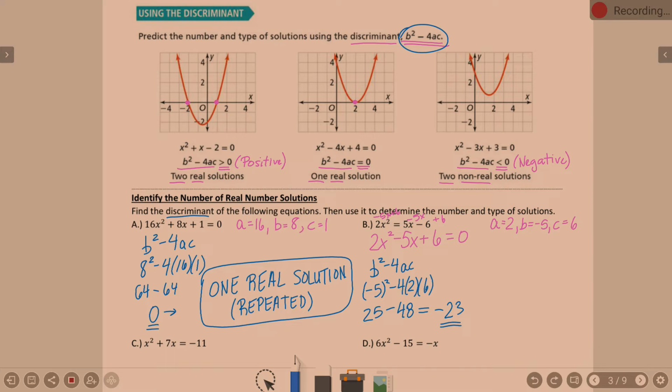If we were working this actual problem, this would be the square root of negative 23. So because this is negative, I know that I'm going to have two non-real solutions.